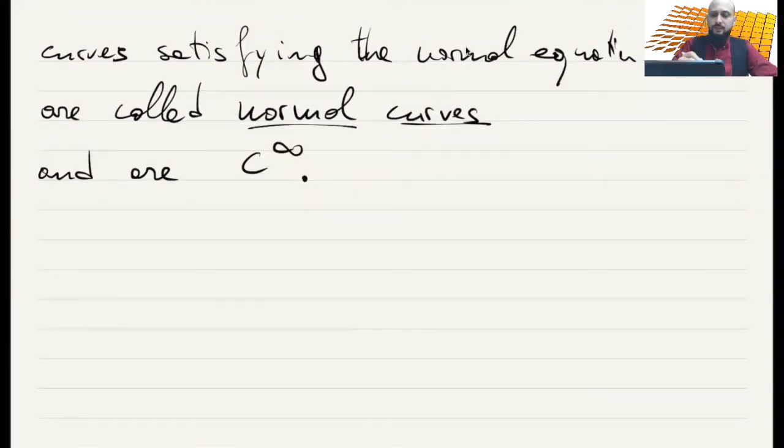Let me rephrase. Normal curves are the curves that satisfy the normal equation.